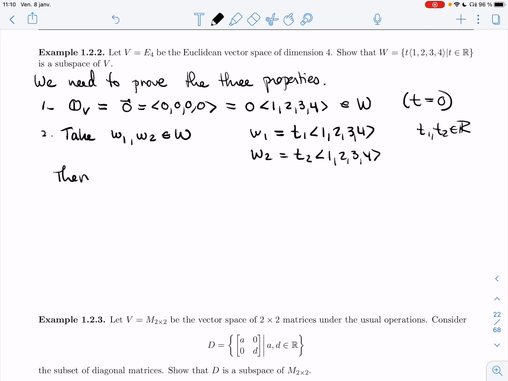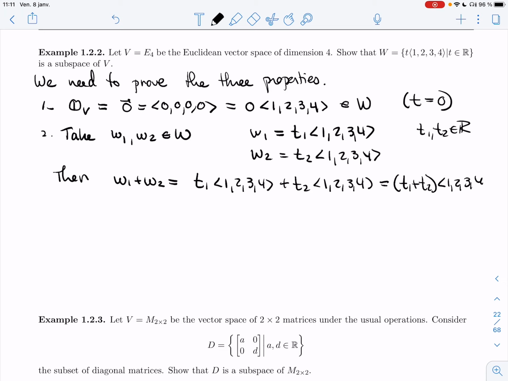Then if I add W1 plus W2, I'm going to get T1 (1, 2, 3, 4) plus T2 (1, 2, 3, 4), and I could write that as (T1 plus T2) times the vector (1, 2, 3, 4). All right, so I have my new T, and so W1 plus W2 is in W. I could take T equals T1 plus T2, and it would fit this definition. All right, so property 2 is true.